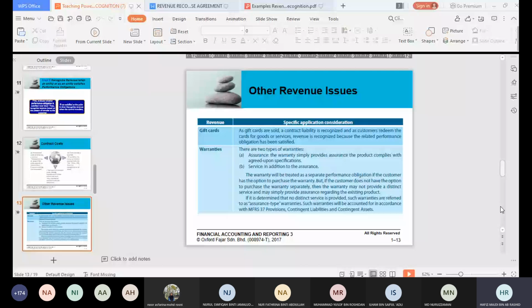So this is a long debatable issue among practitioners and also scholars, and we understand that construction contract might take long period of time, like years. Okay, like for example 5 years or 10 years. I think the practice in Malaysia is always to use a percentage of completion method.